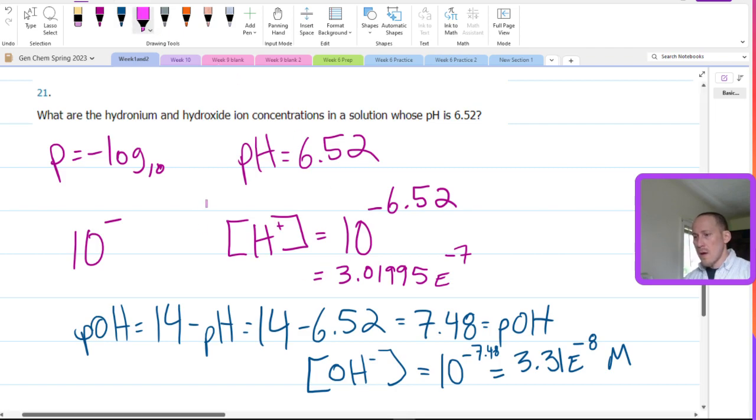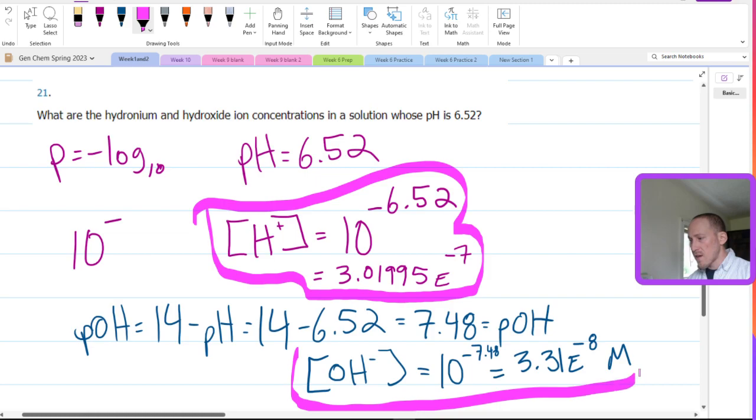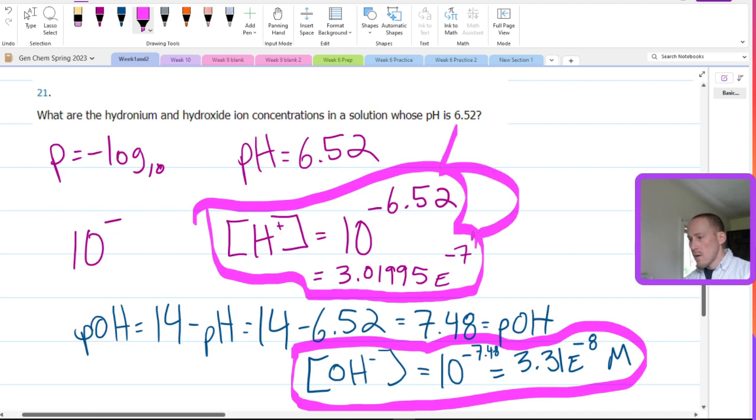Our hydronium concentration is that, and our hydroxide concentration is that. And let's note that our hydronium is to the negative 7th, our hydroxide to the negative 8th. So this is fundamentally an acidic solution, which makes sense because that is lower than 7.